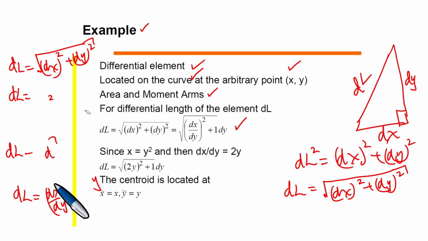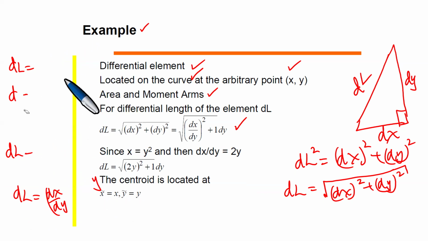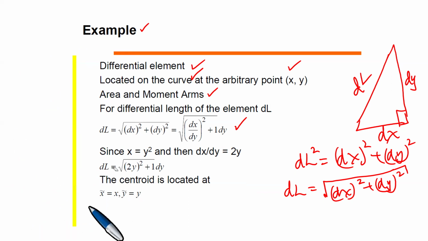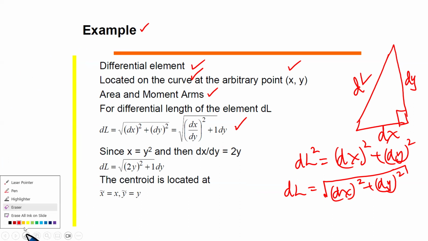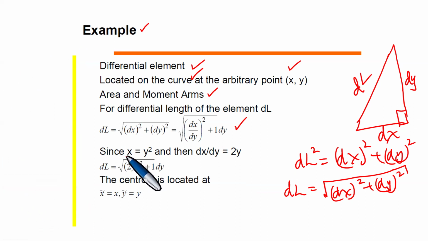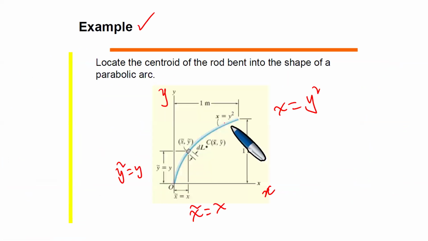Moving forward, what more are we able to obtain out of this? We remember that at this point, this curve is x equal to y squared.